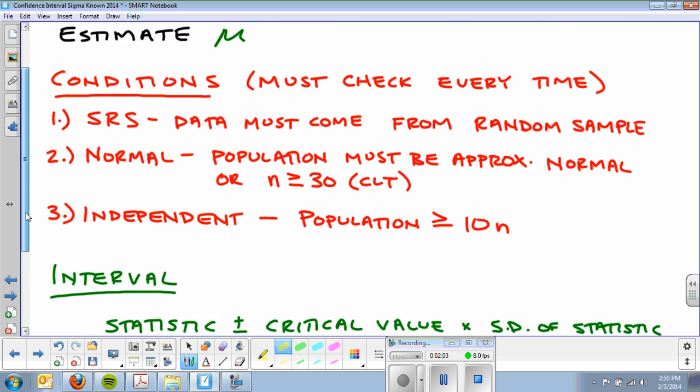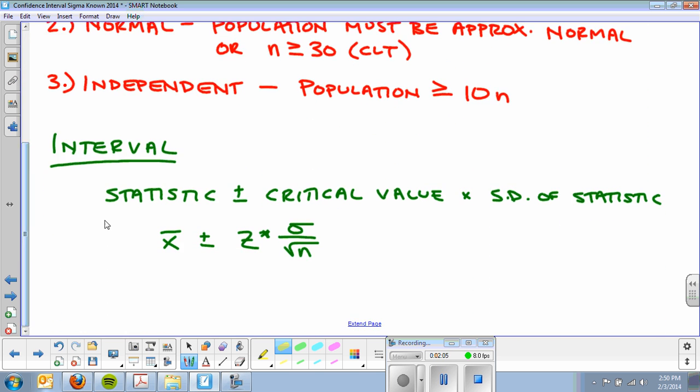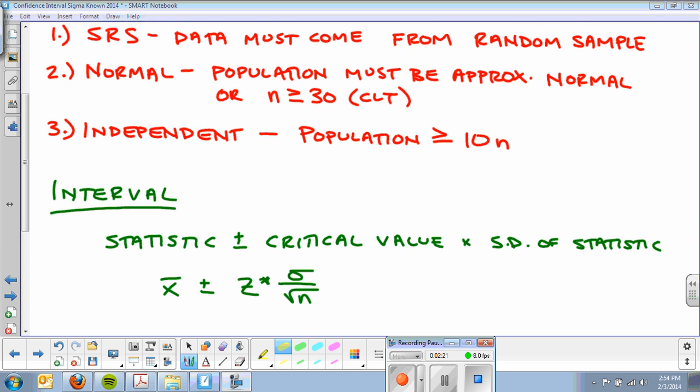Okay, so we have our formula for the interval. We go back, it's the statistic plus or minus the critical value times the standard deviation of the statistic. And in this case, it's x bar plus or minus z star times sigma over the square root of n. And now I'll walk through an application of using that formula.